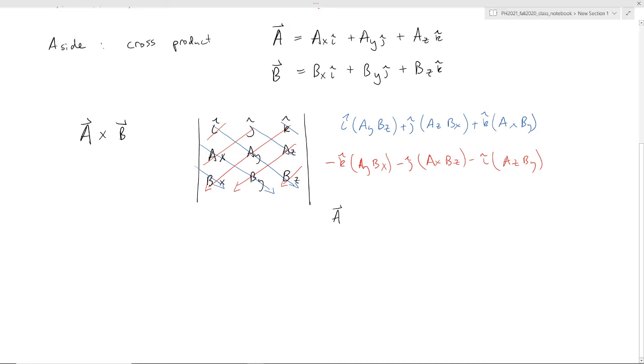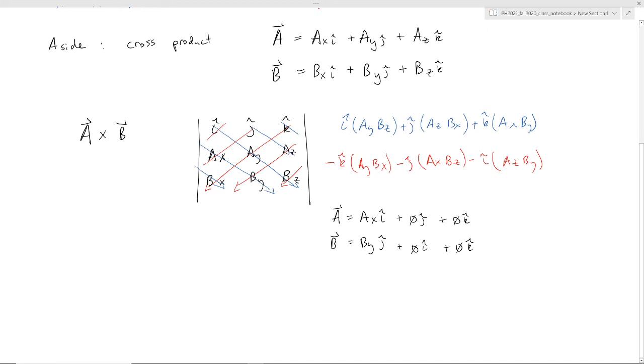Suppose your A vector was exclusively in the x direction, and suppose your B vector was exclusively in the y direction, so in other words, plus 0 j plus 0 k, and so on.